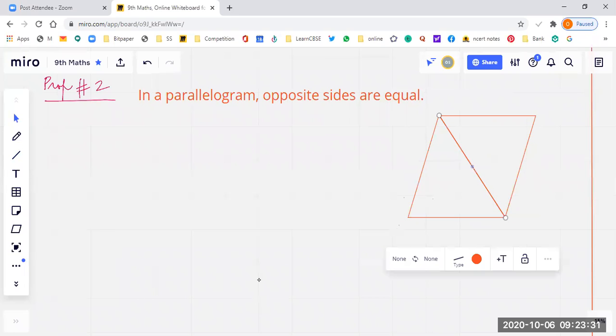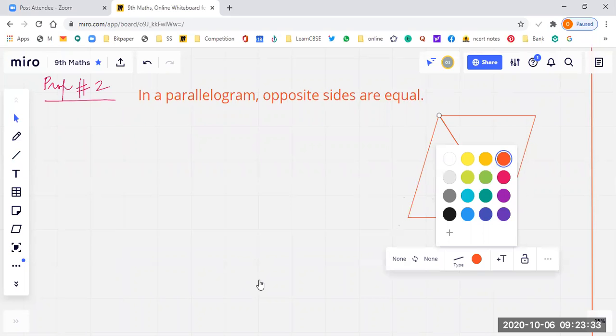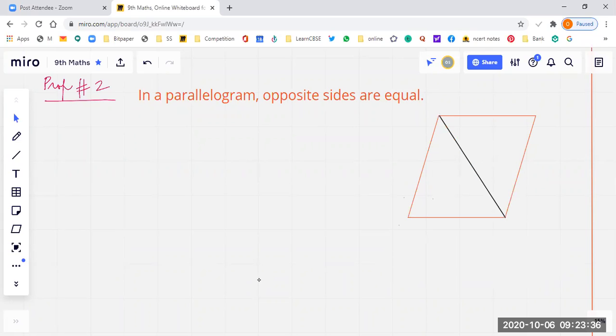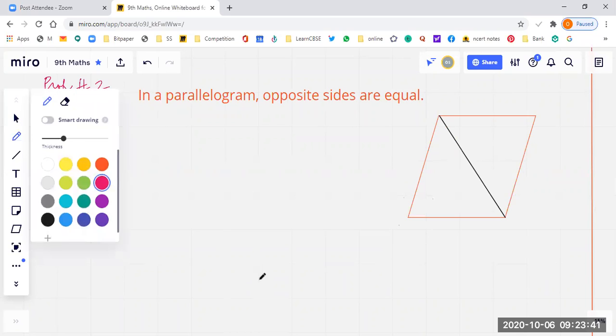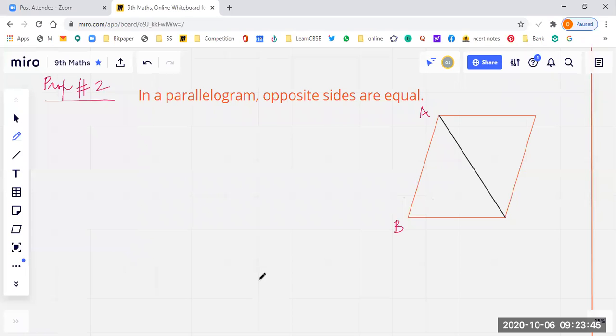This is the diagonal we have taken, and the diagonal is dividing the parallelogram into two equal triangles. So, let's say ABCD is a parallelogram. The diagonal AC is dividing the parallelogram into two equal halves. That is triangle ABC. Now, students, can anyone tell me the name of the other triangle which is congruent to this?